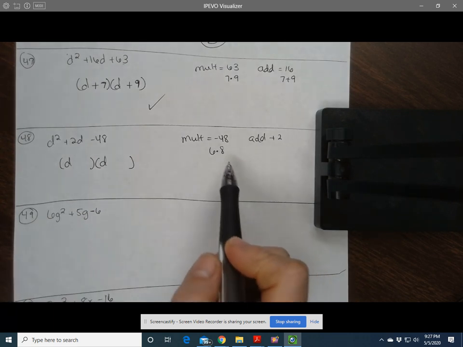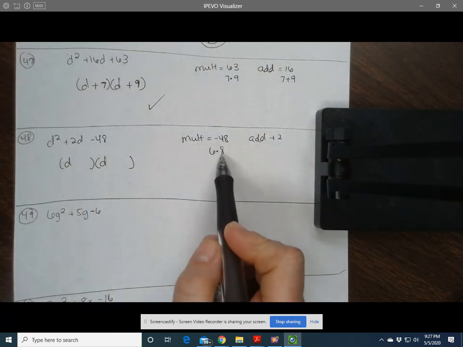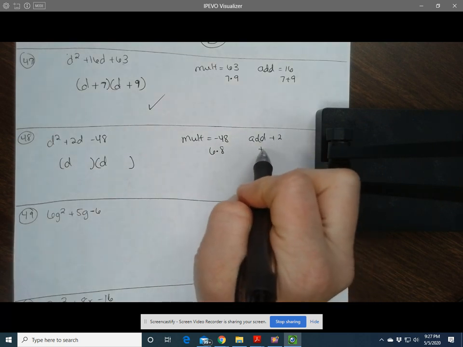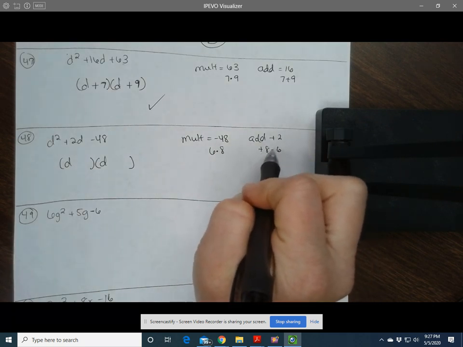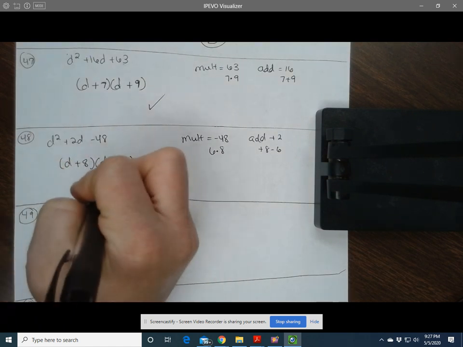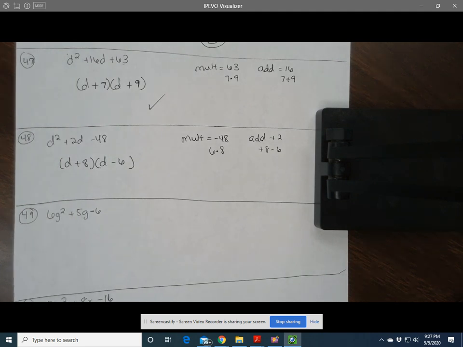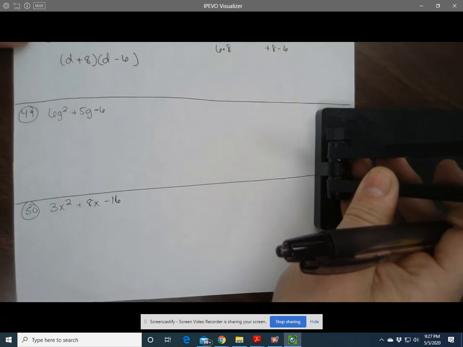But in order for the 6 and 8 to add up to be a positive 2, my 8 must be positive, because a positive 8 minus 6 is going to give me a positive 2. So that's exactly how this is going to work. That's going to be a positive 8, and that's going to be a negative 6. And whenever you FOIL those back out, you can check, and that will check out.